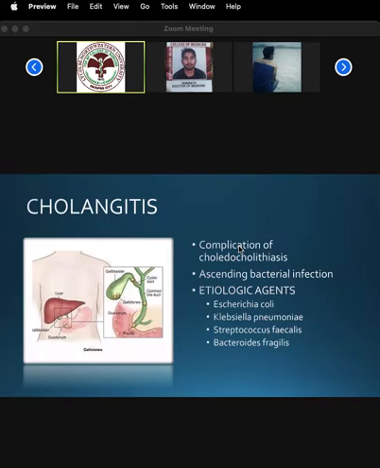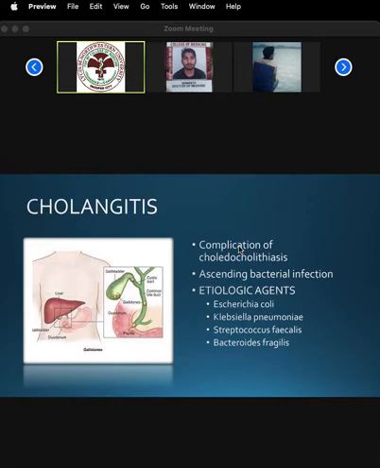Let's now go to your cholangitis. It's one of the dreaded infections of your hepatobiliary tree. It usually follows cholelithiasis. You have an ascending bacterial infection. So what is the pathophysiology behind it? You have a CBD obstruction either produced by gallstones, tumors, or even worms or helminths.